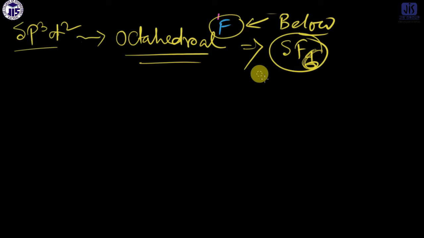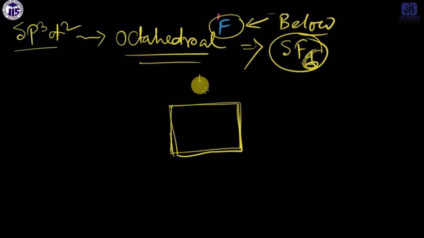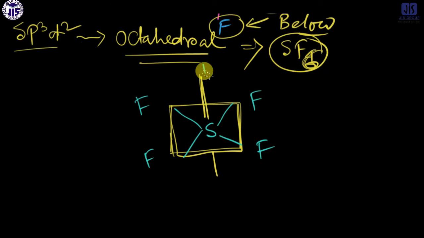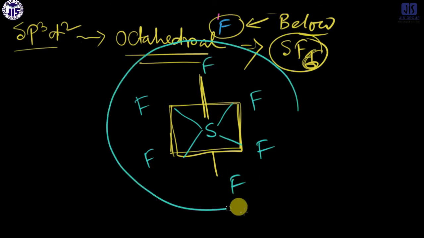It looks like this: here is one plane, and in this plane there will be one upside atom and another on the below side. In the center, obviously, there will be the central atom sulfur, and from the central atom all the other atoms are arranged like this. So this looks like octahedral, and this one is the upper side and this one is the below side.